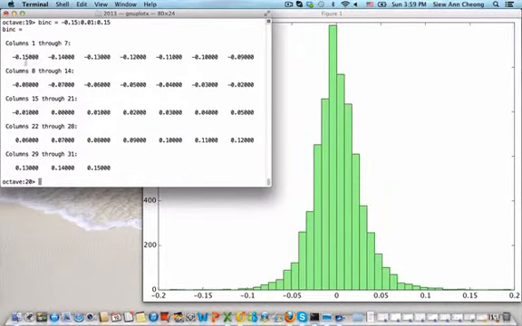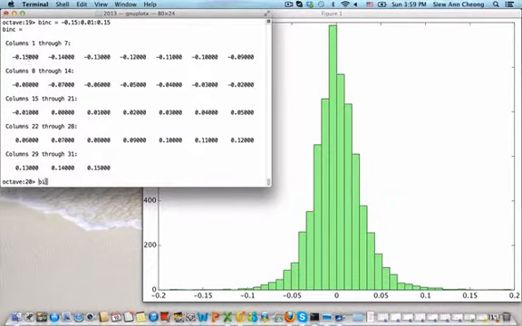And then we will end up with 31 bins centered from minus 0.15, minus 0.14, all the way to 0.15. Now, these bins have edges. Let's say the bin that is centered at minus 0.15. If we want the bin size to be 0.01, we would need the edges of this particular bin to be at minus 0.155 and at minus 0.145.